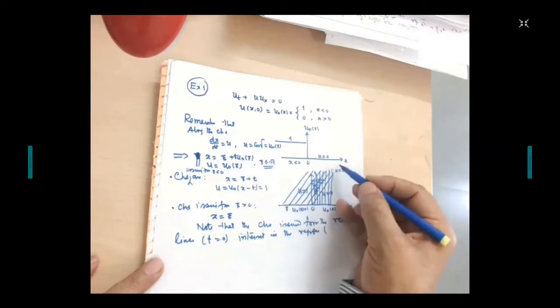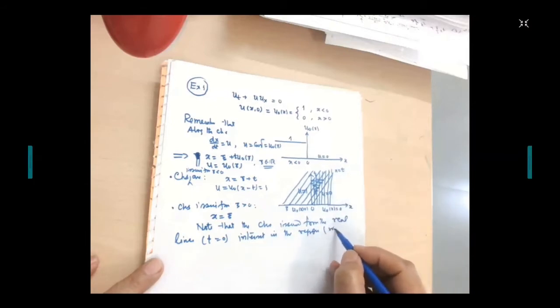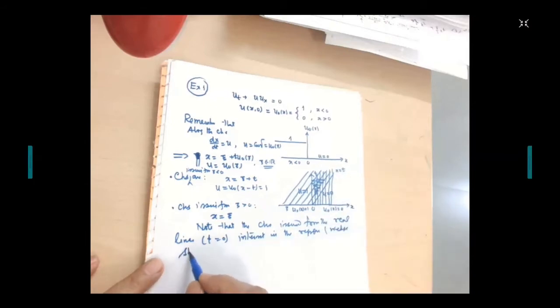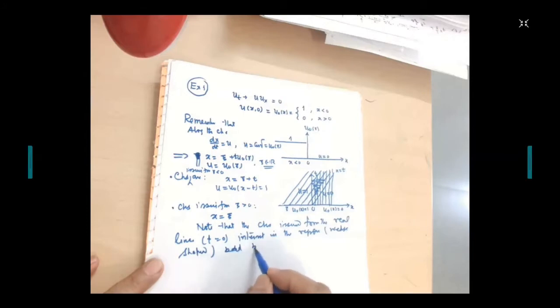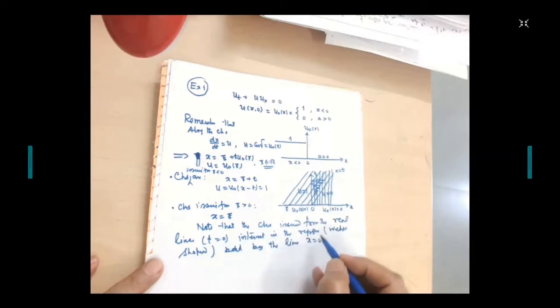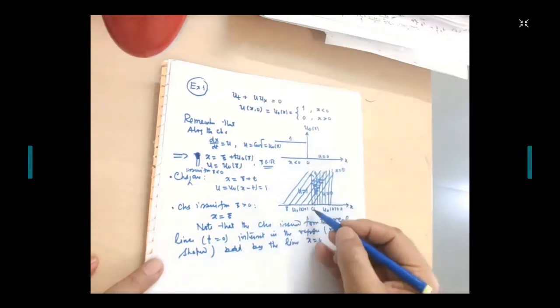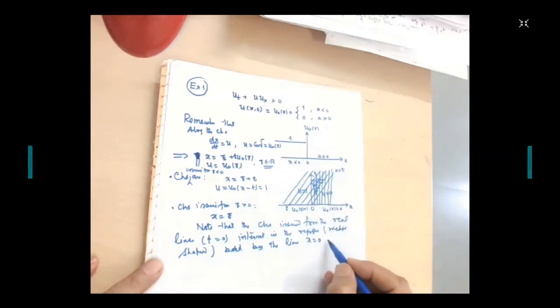What is that region? It is a wedge-shaped region. It is bounded by the lines x is equal to 0 and x is equal to t.